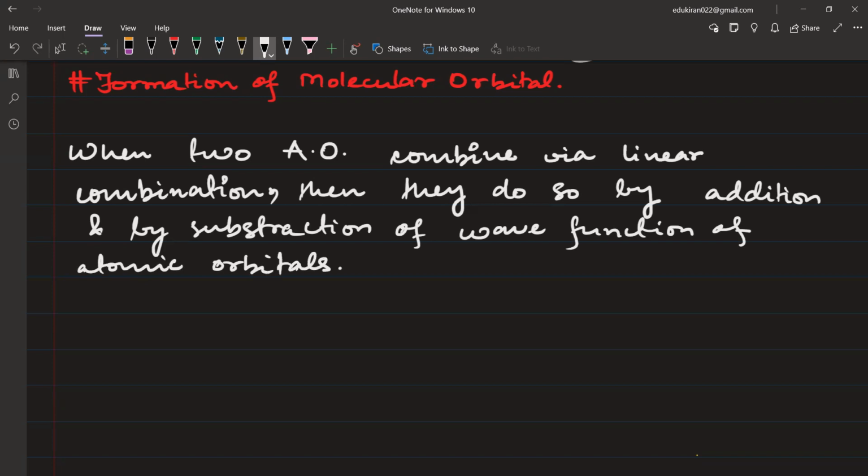So whenever you are going to have addition, write the first case.